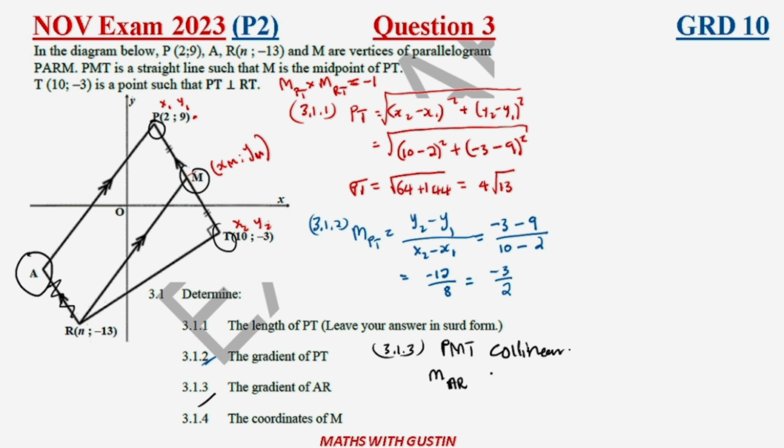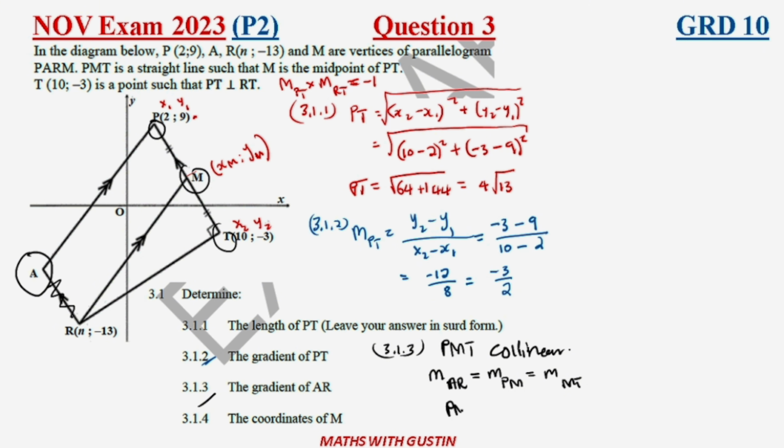If you have a look at this point here, you will see that the gradient of AR will be equal to the gradient of MT. But also, guys, you need to realize that these two lines are parallel.